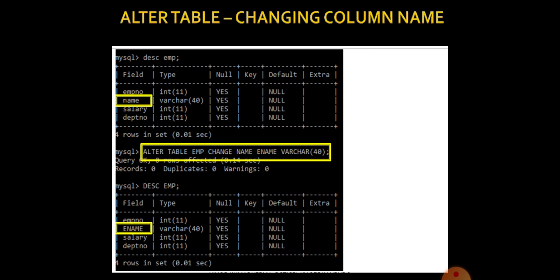Alter table name, change, old column name, new column name, data type, size and constraint you can give. So next to the change clause, we need to give the old column name first, and after the old column name we have to give the new column name. Look at the change. Name is changed into ename.